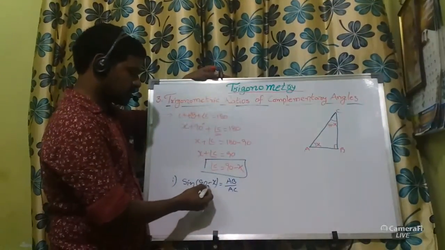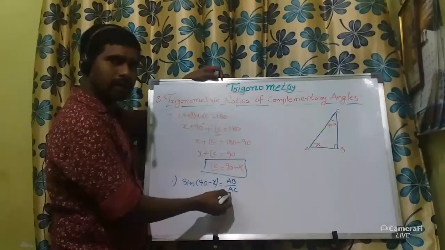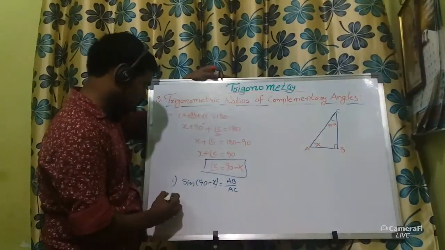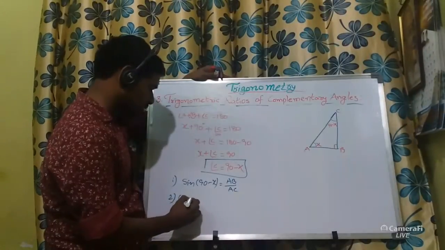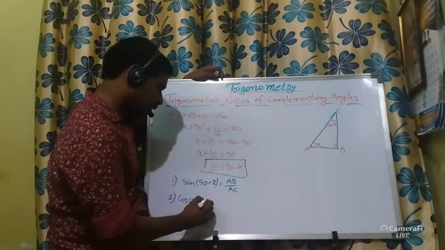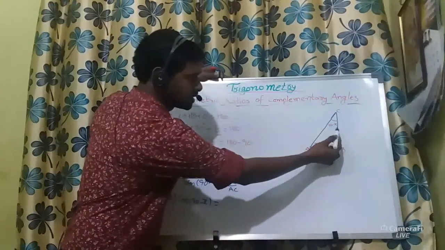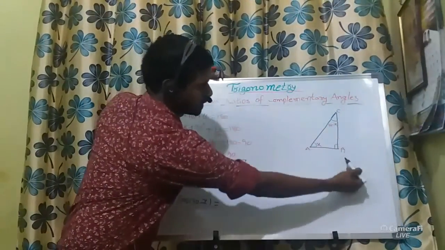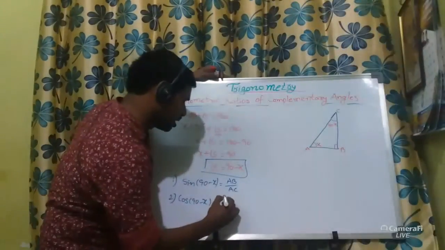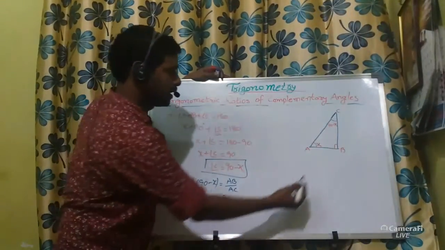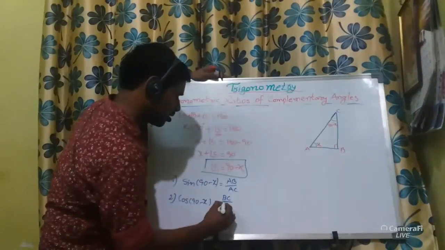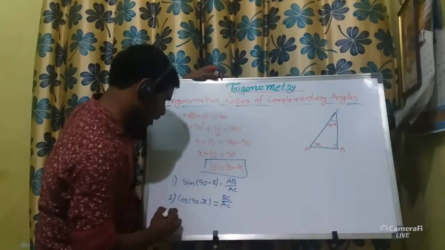So sine 90 minus x is equal to AB by AC. And the second one is cos 90 minus x. The adjacent side of this angle is BC, so it is BC by hypotenuse AC.